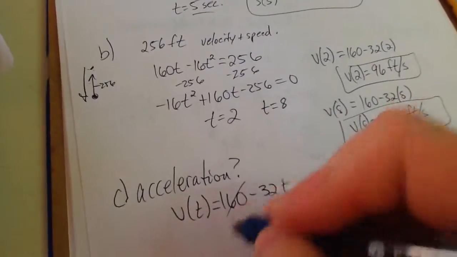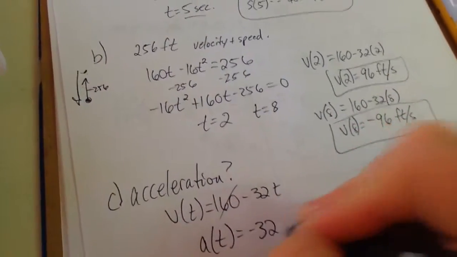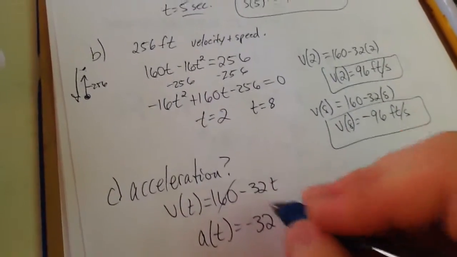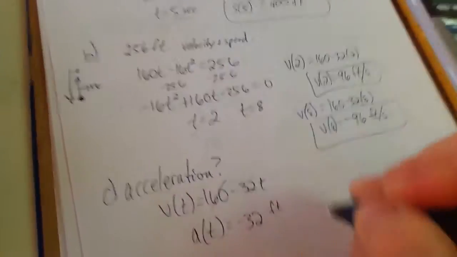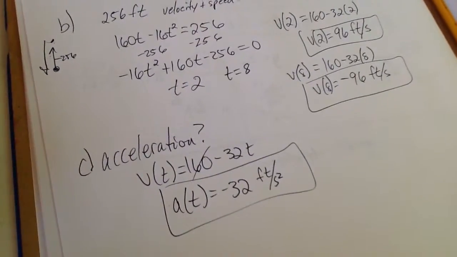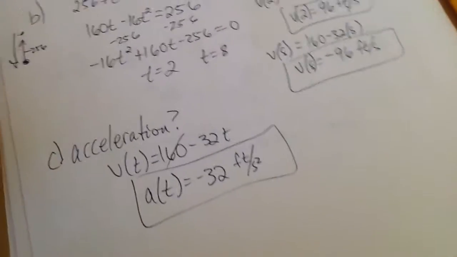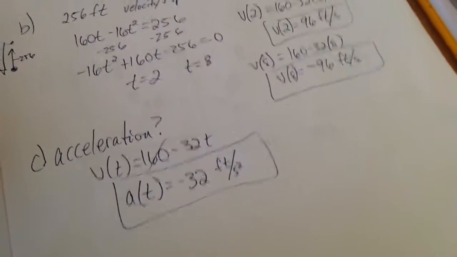Well, that's a constant, so that's 0. So a of t would just be negative 32. Just the derivative of that would be negative 32. That'll be in feet per second squared. So that's the constant acceleration at any time during the flight.